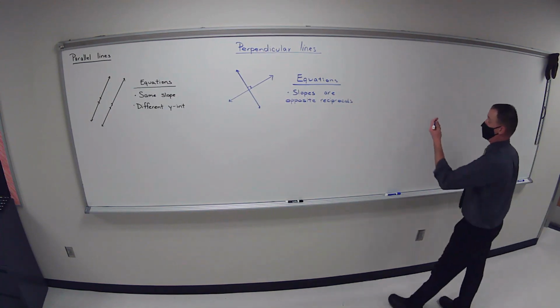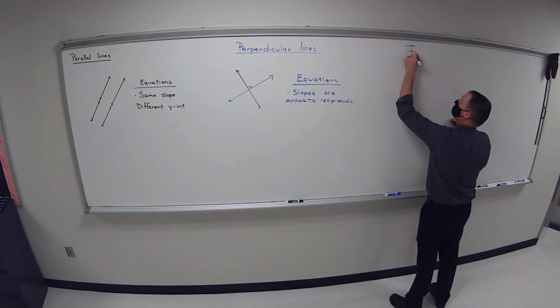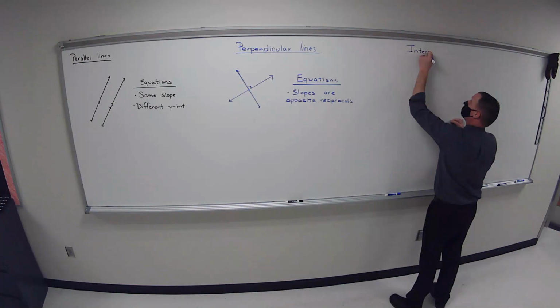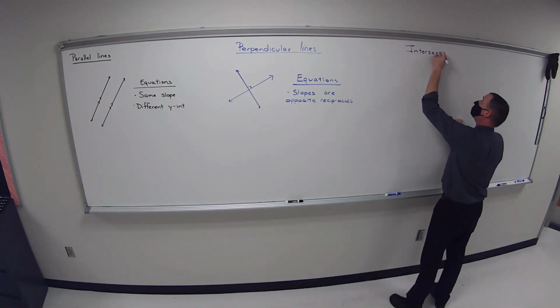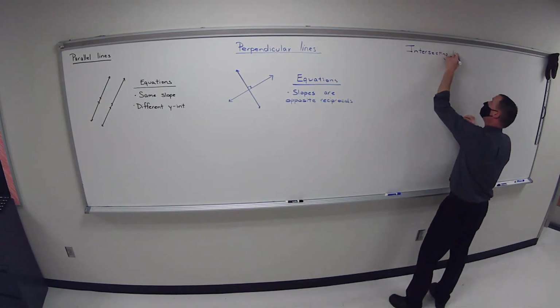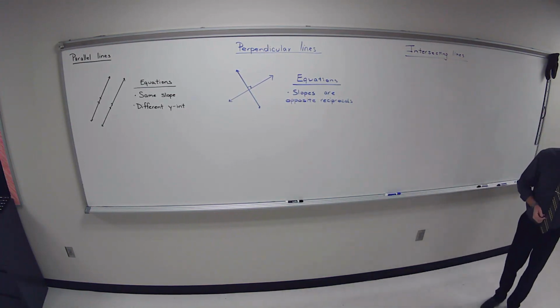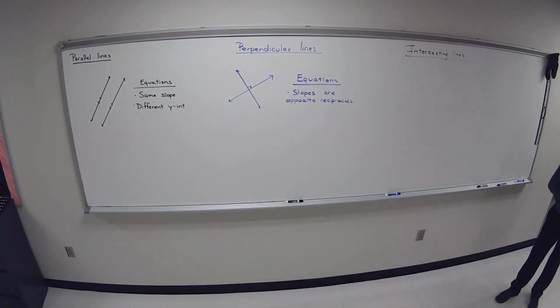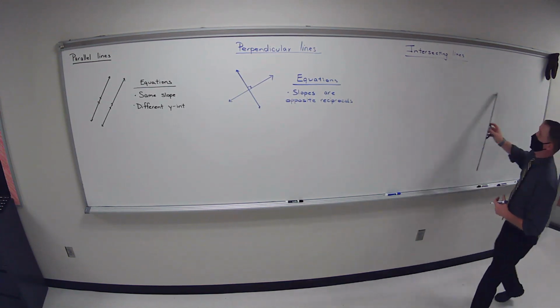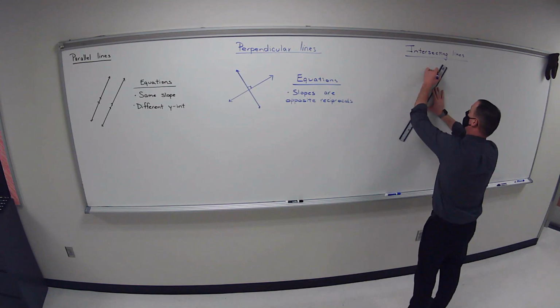Pretty much we're going to summarize it and say this. They are intersecting lines. Now, there's nothing unique about these other than the fact that they intersect. What does a picture of this possibly look like? Here's one.